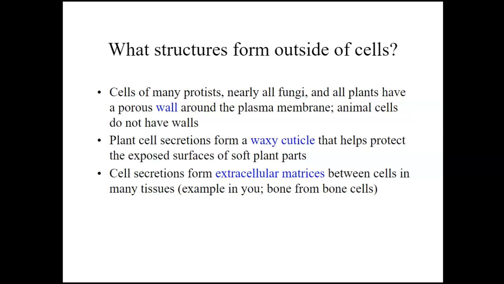What we call these secretions that might come from any given cell is an extracellular matrix, or in plural, extracellular matrices. For example, bone is the skeletal extracellular matrix that is excreted from bone cells. Most of your bone isn't actually a cell or a group of cells, but the extracellular matrix from bone cells.